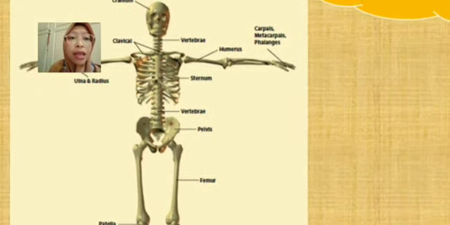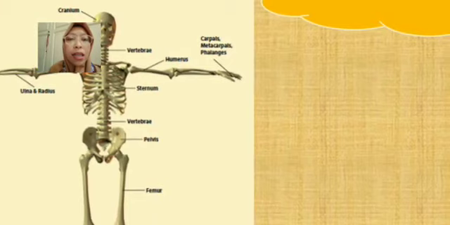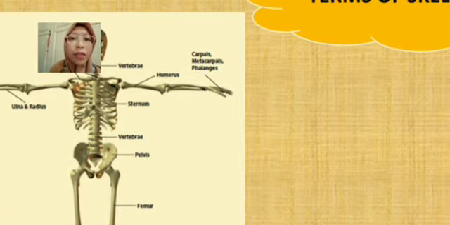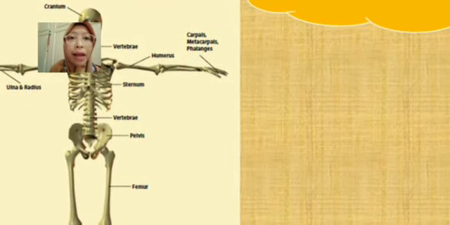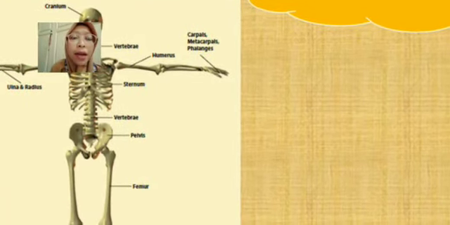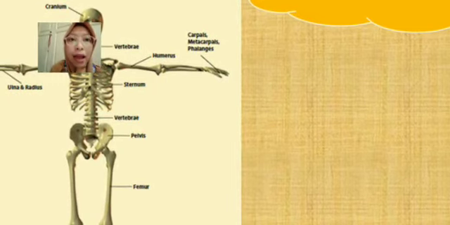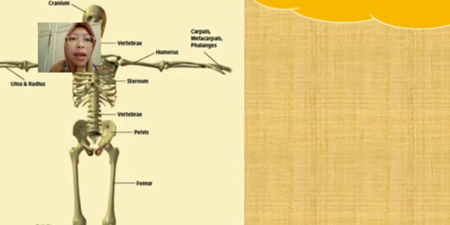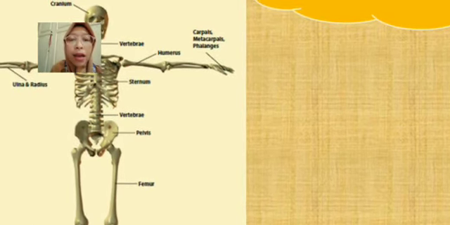And in the hand, we have parts of the bones like carpals, metacarpals, and phalanx. Carpals is like telapak tangan, and metacarpals and phalanx are like our fingers.